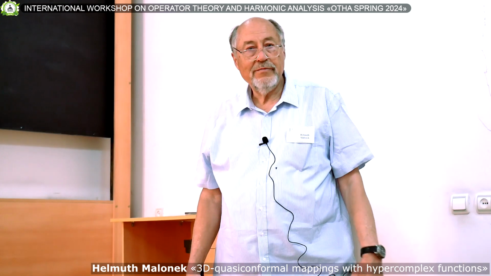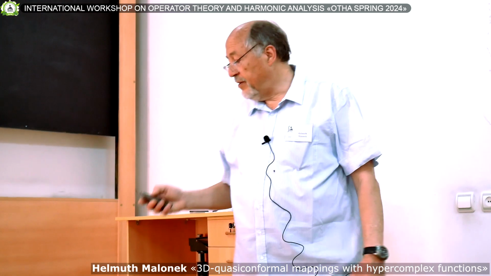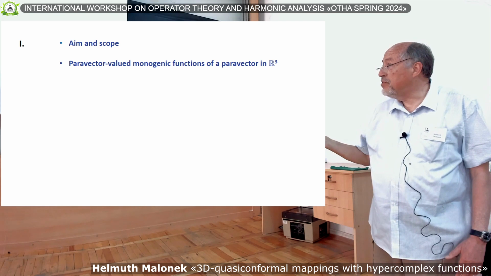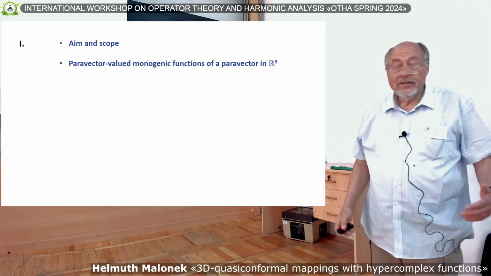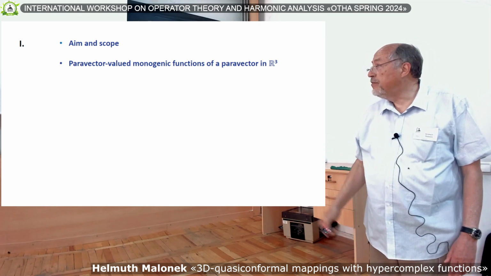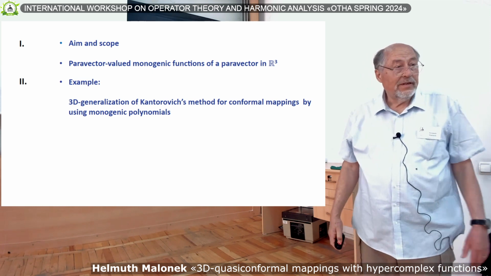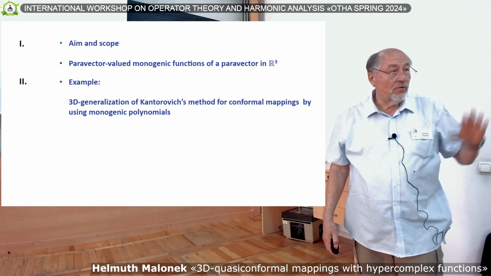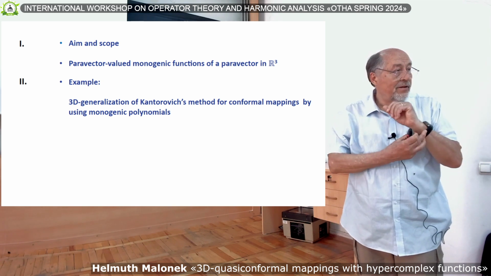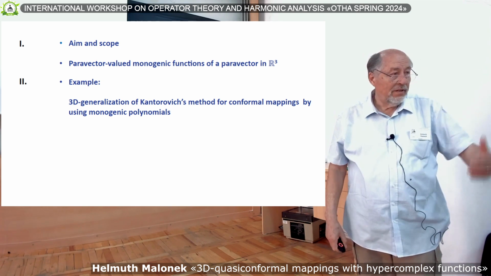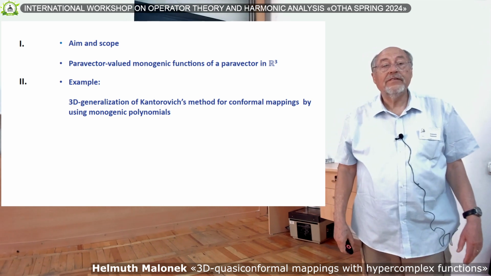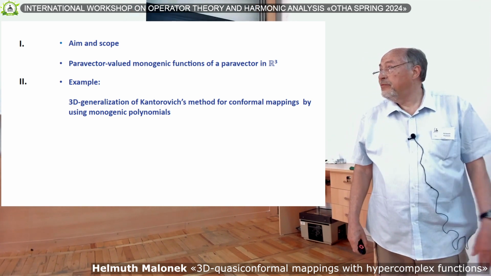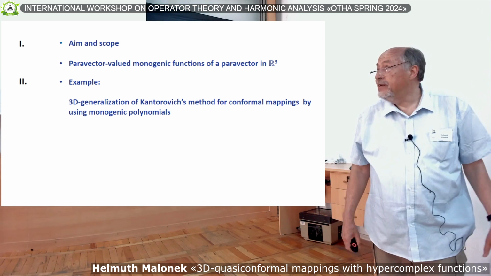This is my aim, and so in the first part I will show which type of function we are using. Then I give this example using a classical method of Kantorovich and Krylov in an old book of the 15th, where he showed very convincingly a method which I will explain.